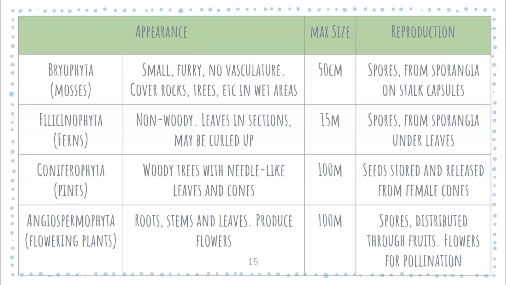This is a table that covers what you just saw. You have the appearance of them, their max size, and how they reproduce. Key pieces here would be your appearance and your reproduction. It would be worth either printing this out and putting it in your notes or writing it down yourself.